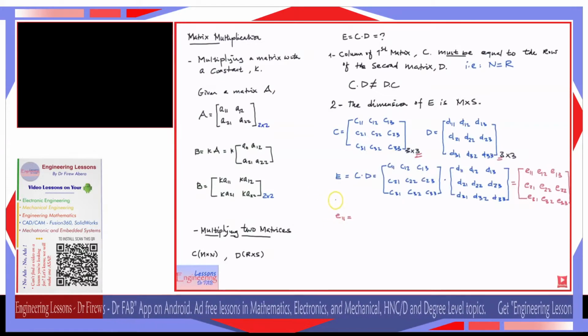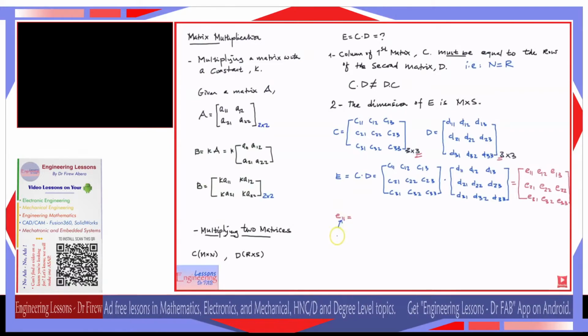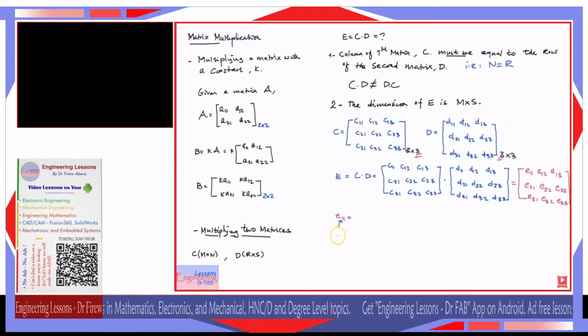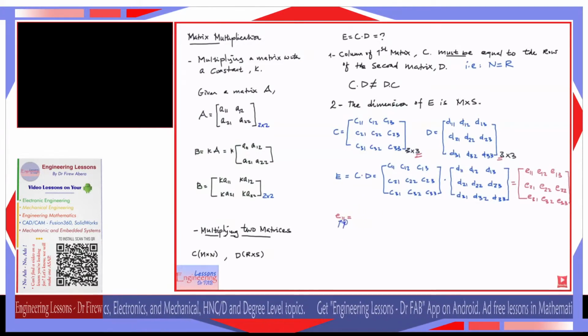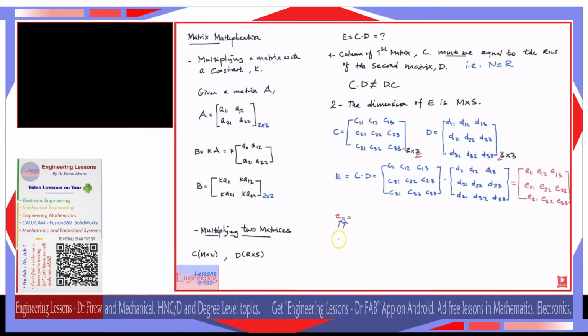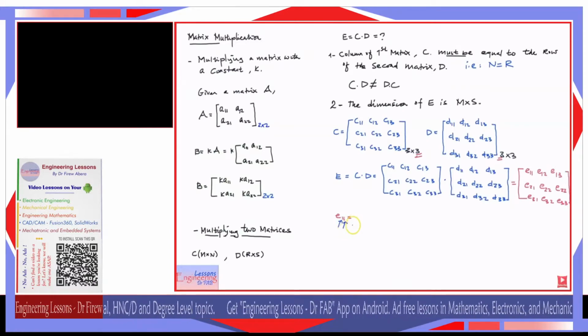But on top of that, it tells you where it's coming from. So E11 is coming from the first row of the first matrix multiplied by the first column of the second matrix. So what are we saying?